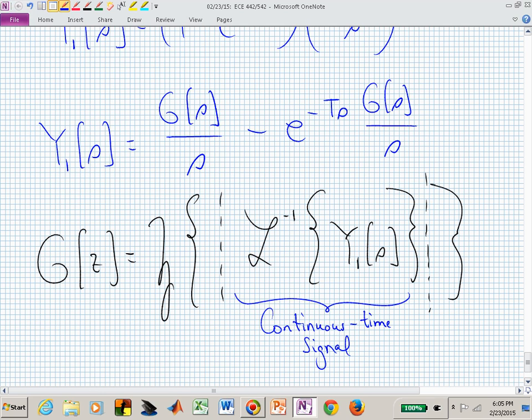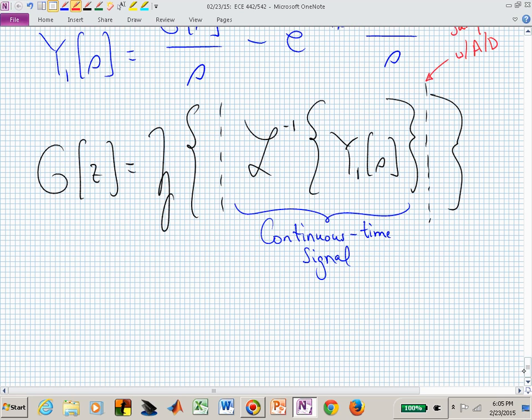These vertical dashed lines are trying to symbolically illustrate that we now have a continuous time signal. Let's sample that with our A to D. That's that rightmost block. Once we've processed that continuous time signal with a sampler, what's housed outside of those vertical dashed lines and inside the curly braces, which we can Z-transform, is now a discrete time signal.